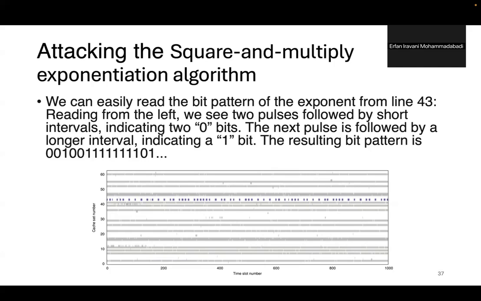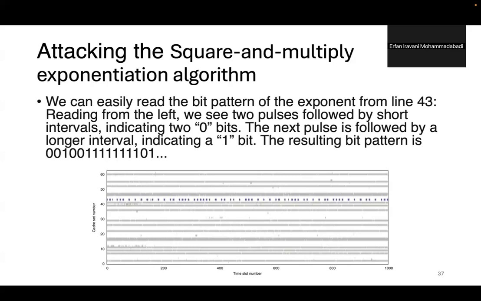The highlighted cache set at line 43 is the only one exhibiting the activity pattern that we expect for this code. We can see there a typical pulse of activity spanning 4 or 5 time slots.